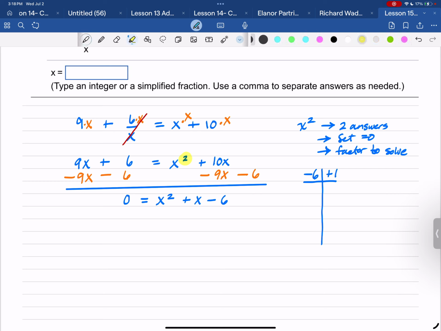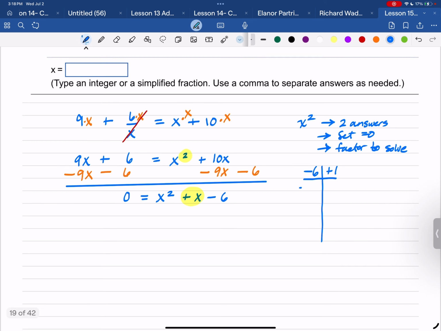All right, because there's a positive 1 implied in front of that middle term of positive x. So to multiply to get -6, I've got to have a negative and a positive. So I start with -1 times 6, then -2 times 3, and that's the combination that I need because that's going to give me that plus 1.